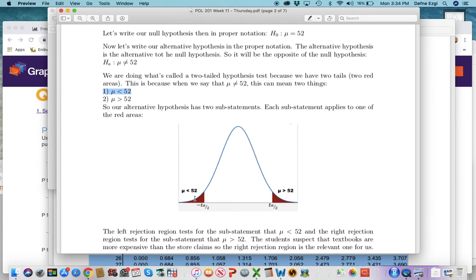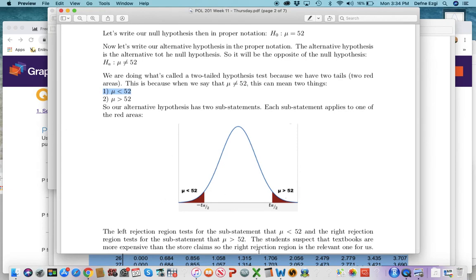So it's going to be somewhere here. And I'm going to also look up the area beyond the negative version. So positive 1.78, the area beyond it gives me P over 2. Take the negative version of it, negative 1.78, look up the area beyond it. That gives me another P over 2.